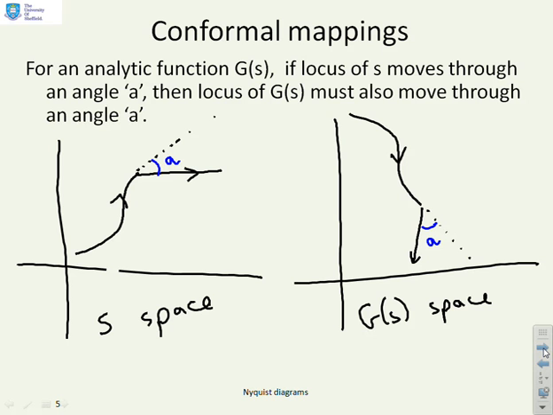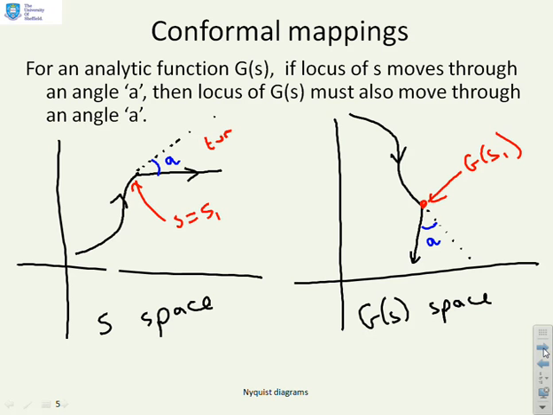If this was s equals s1, then this point here is going to be G(s1). So at the corresponding point, your locus in the G(s) space has got to turn through the same angle, and the key thing, also in the same sense.